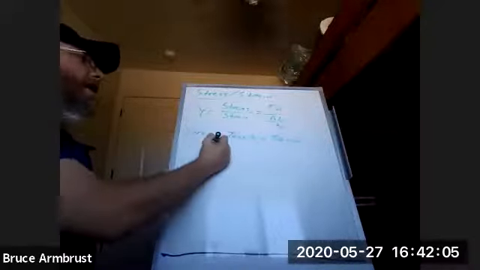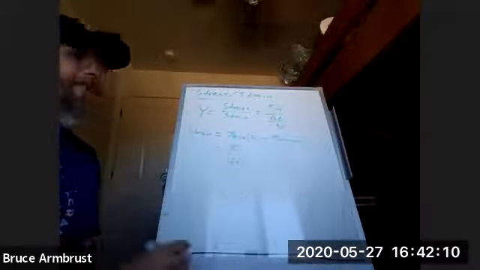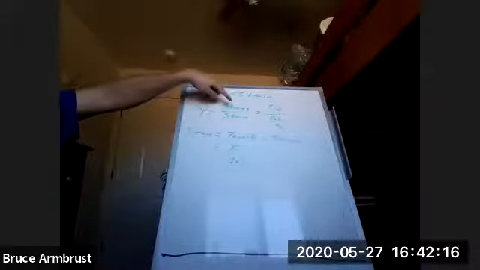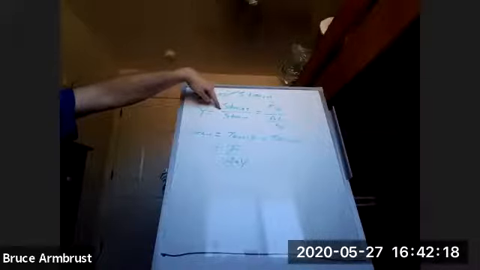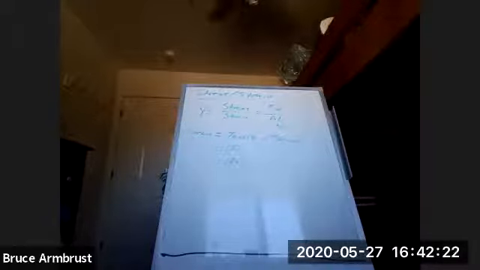So the tensile is going to be F divided by A times Y. That just comes from solving this for strain, right? It's stress over Y, which is F over A times Y.